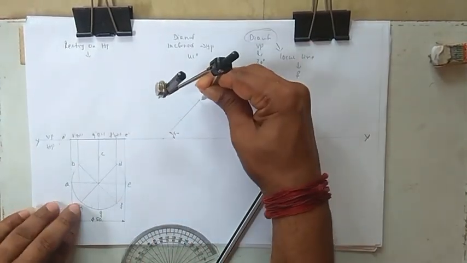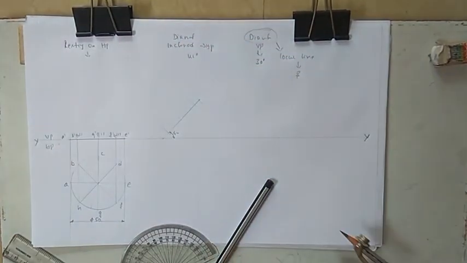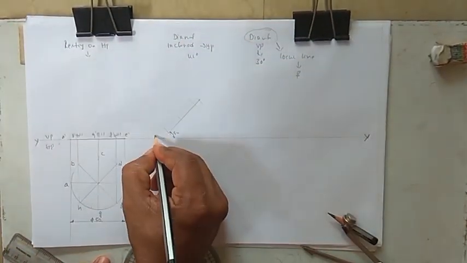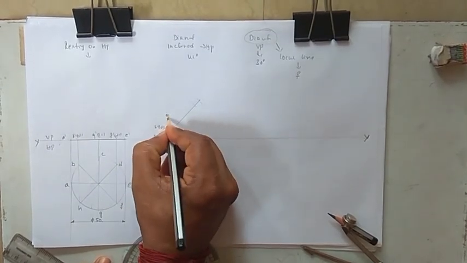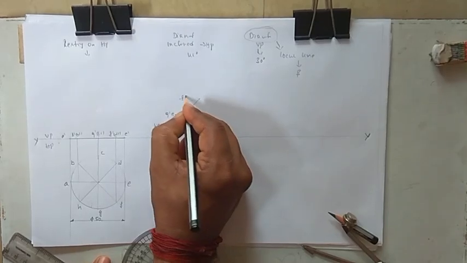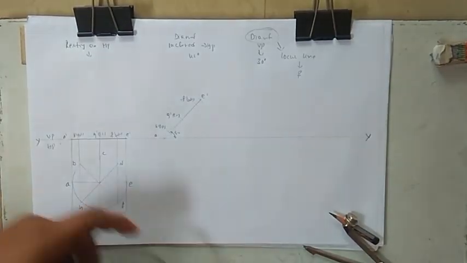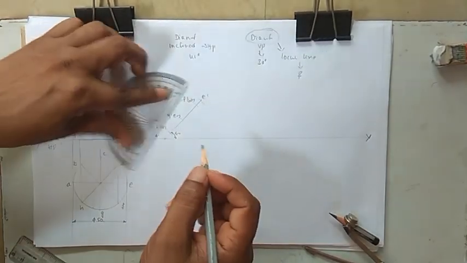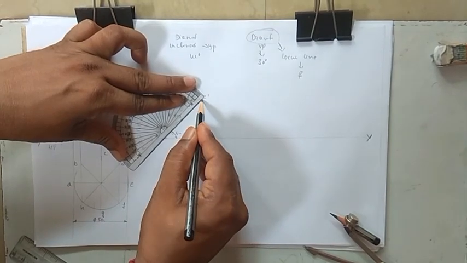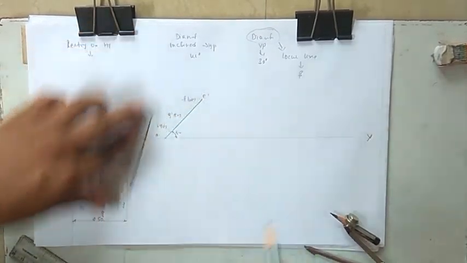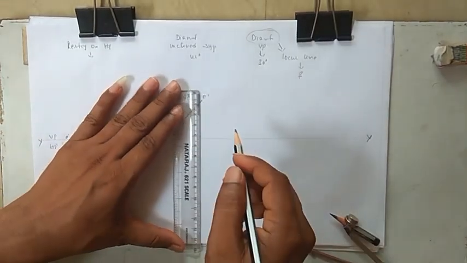If you are not able to cut the small one, you can take the reference in reverse and drop it. So this is A dash, H dash, B dash, G dash, C dash, F dash, D dash, and this is E dash. Now make this line dark till the arc, like this.